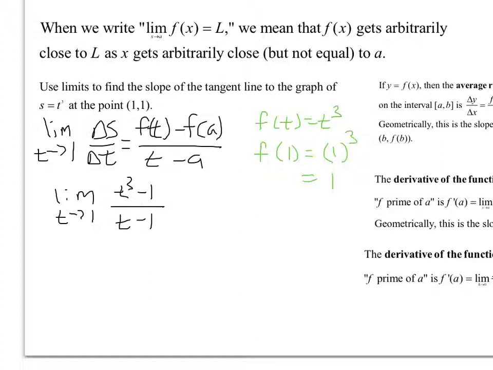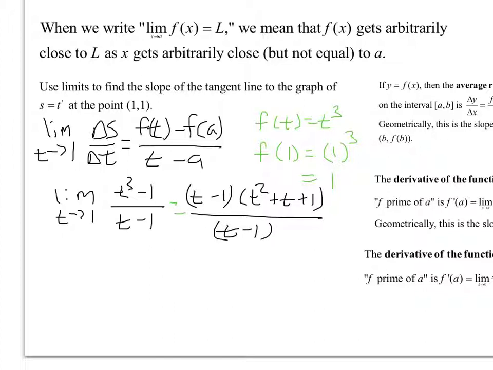Now remember, this factors into t minus 1 times t squared plus t plus 1, divided by t minus 1. So the limit as t approaches 1 is t squared plus t plus 1.